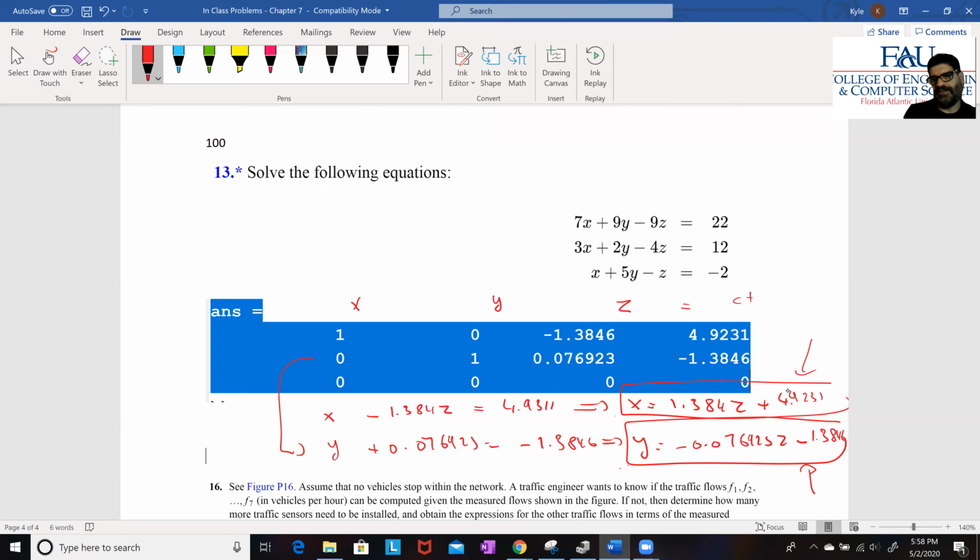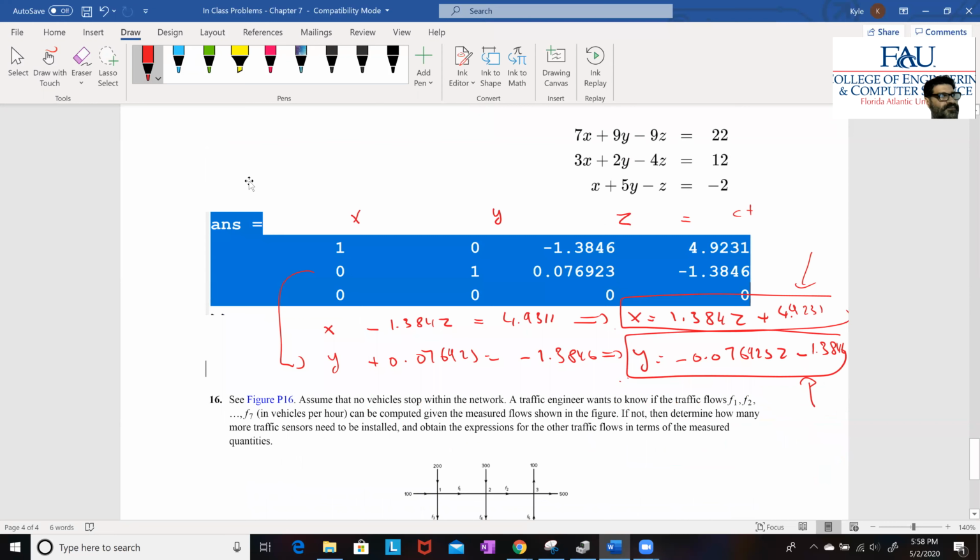So when we talk about unlimited solutions, we want to define what these unlimited solutions are, and this is one way of doing this: by just specifying the equations of x as a function of z and y as a function of z.